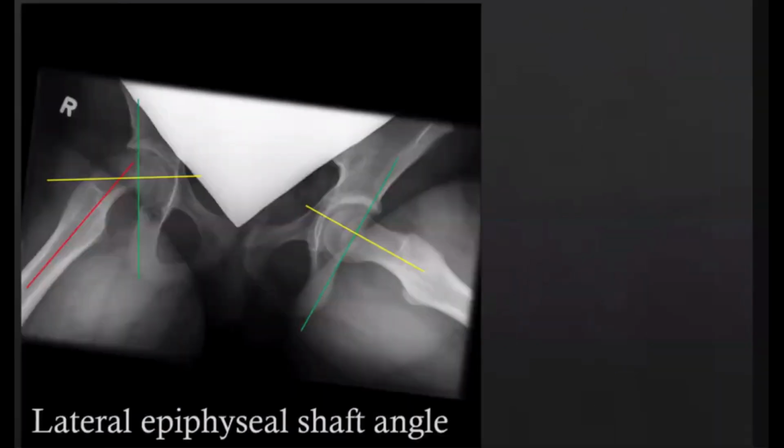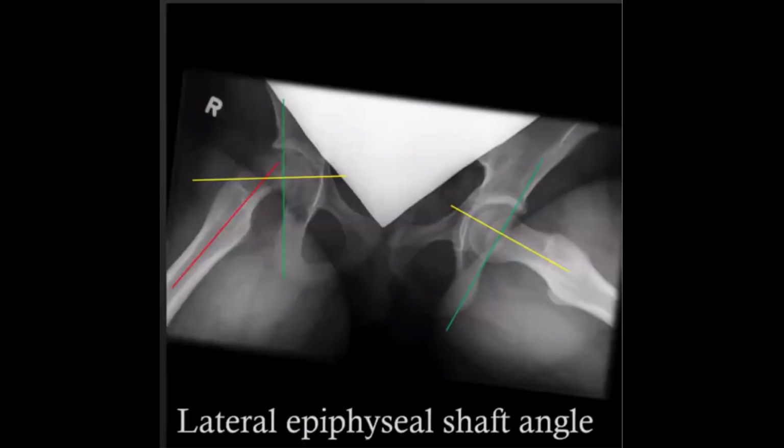I would like to add something. It's not important for the exam, but it's important in your routine life. We have something called the lateral epiphyseal shaft angle. We draw a line parallel to the epiphysis, and then a line perpendicular to the first line, and we draw a line along the shaft. The angle between the line perpendicular to the epiphysis and the line of the shaft normally should be 0.